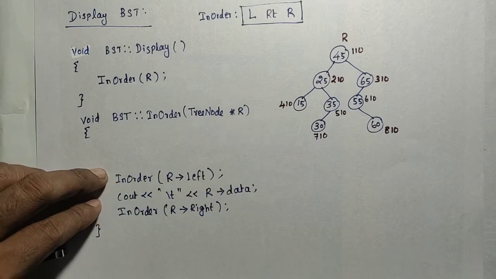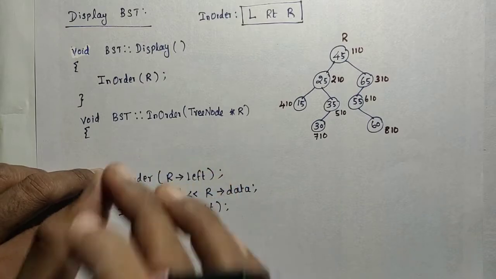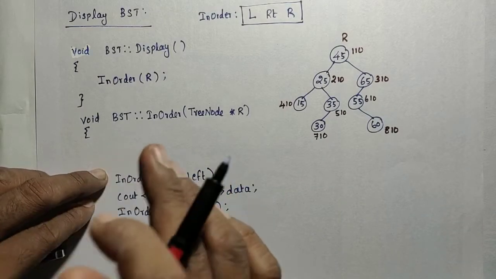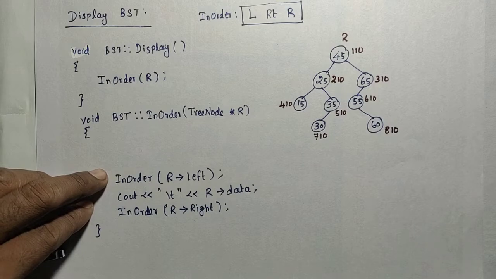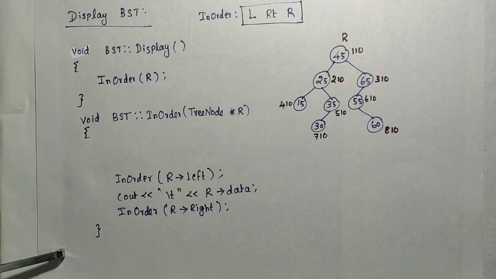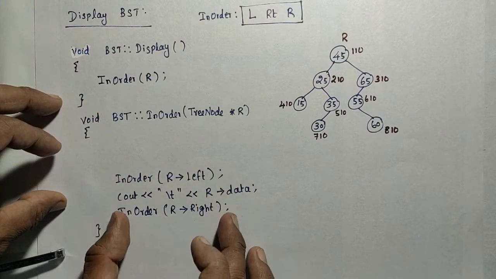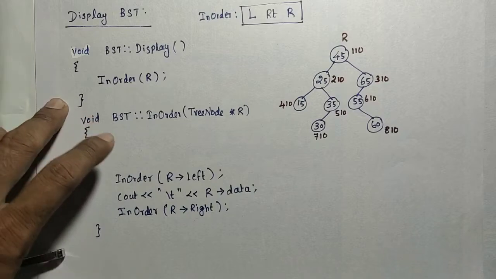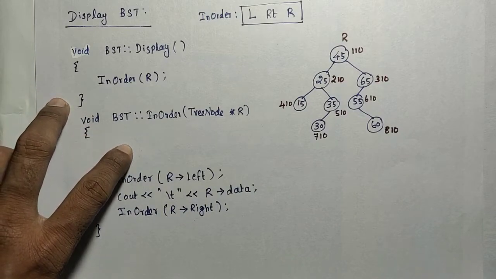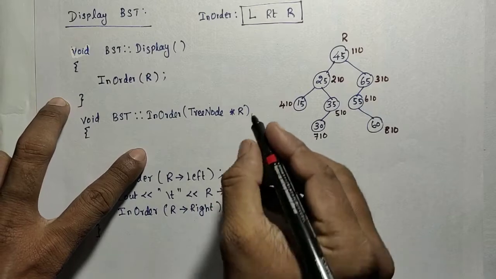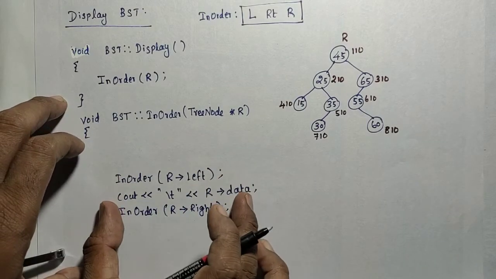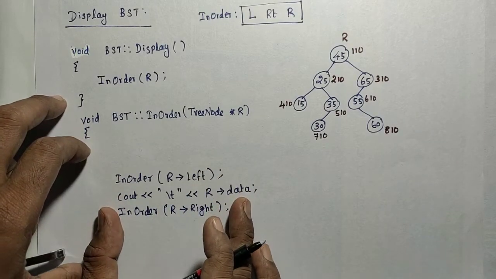If you are not setting the termination condition or the recursive base case, the function will infinitely call itself again and again. It will never terminate.